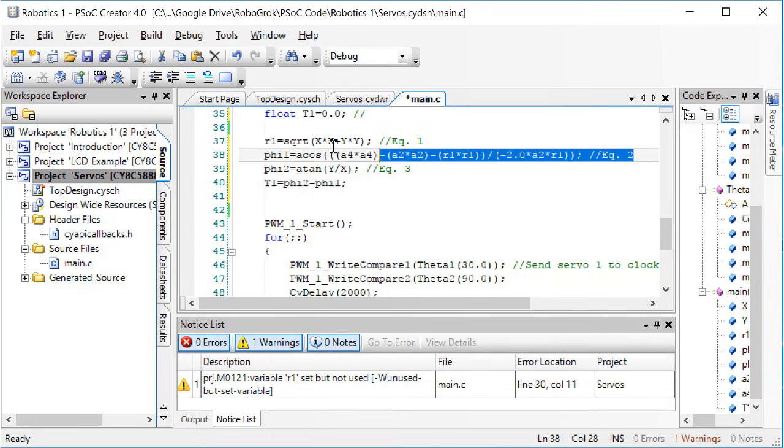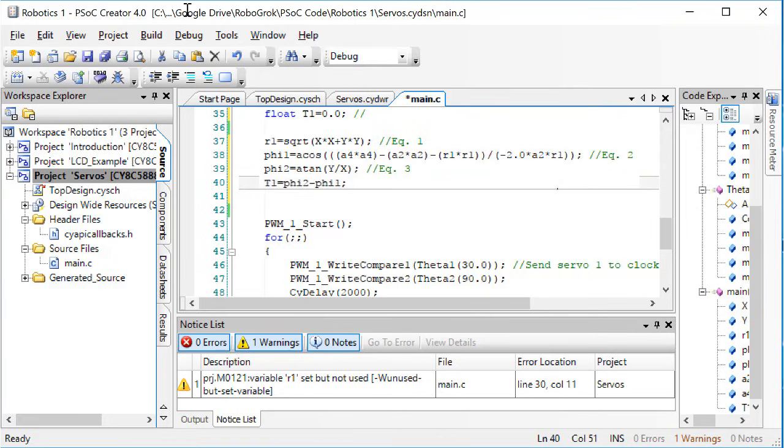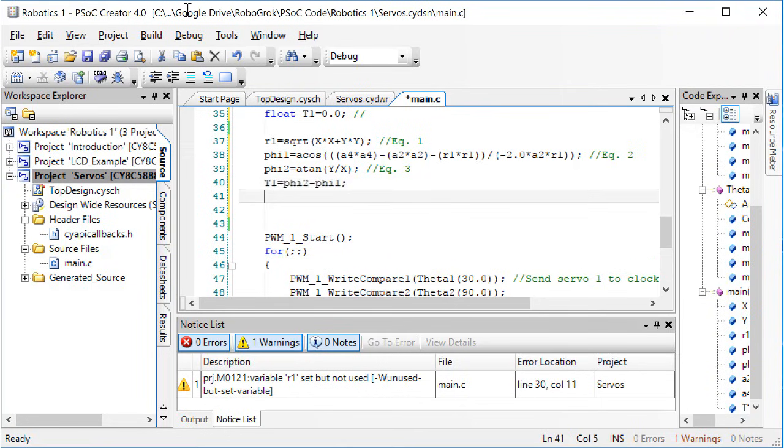I'm going to start by copying our calculation of phi1 since that one also used the law of cosines. This will reduce the number of things I need to type out. Let's change this to phi3.